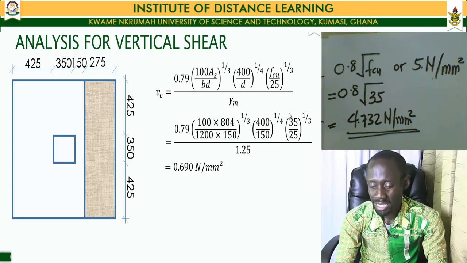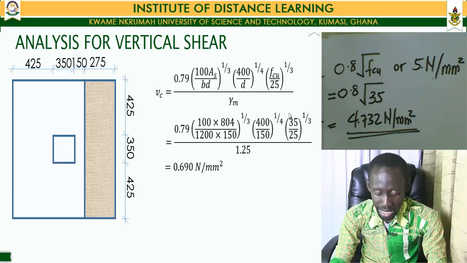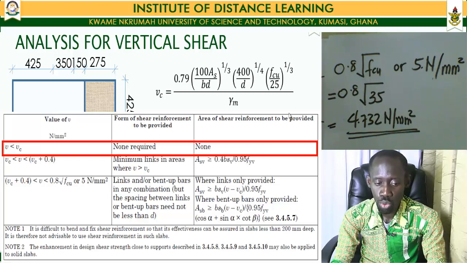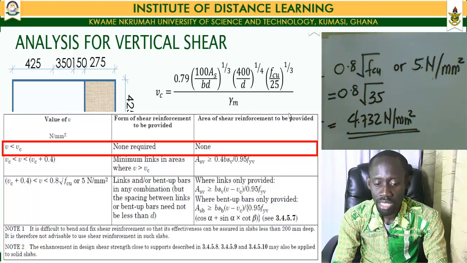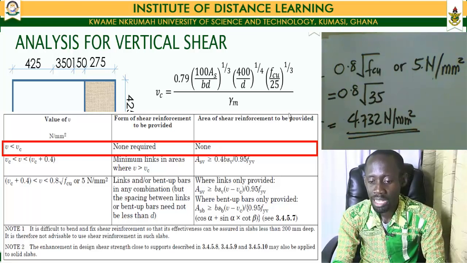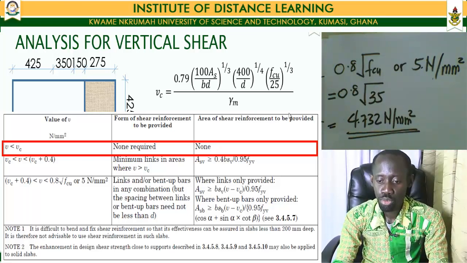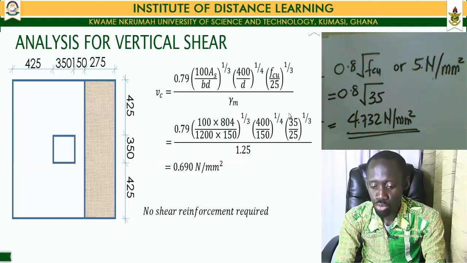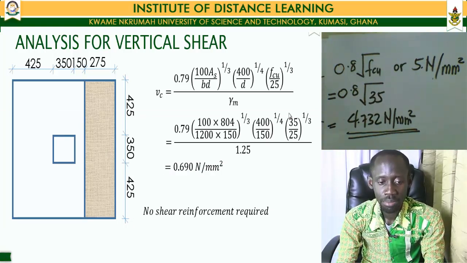Our shear stress value is far below our shear capacity value, in which case we make use of the provision on the first row of the shear stress table, which states that if our V value is less than our VC value, then no form of reinforcement is required in our section, and the area of shear reinforcement to be provided is none. This tells us that when it comes to our pad design, we are not supposed to provide shear reinforcement per the levels of shear that we are going to get within our section.